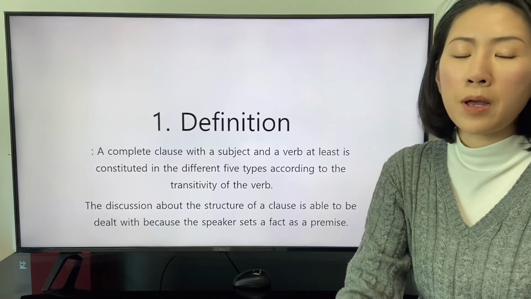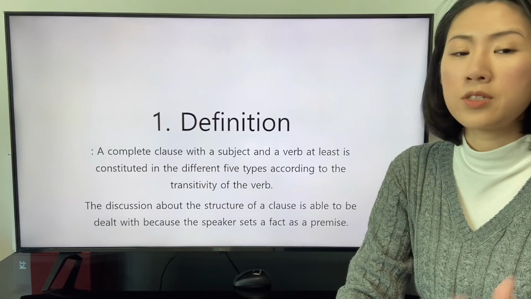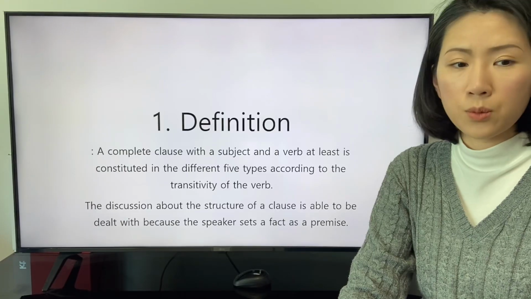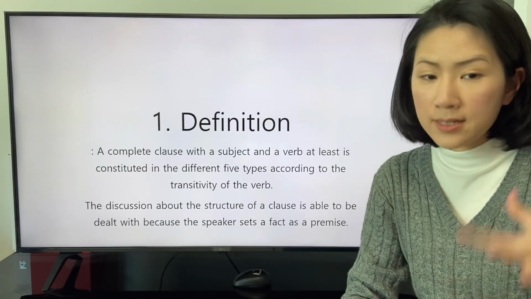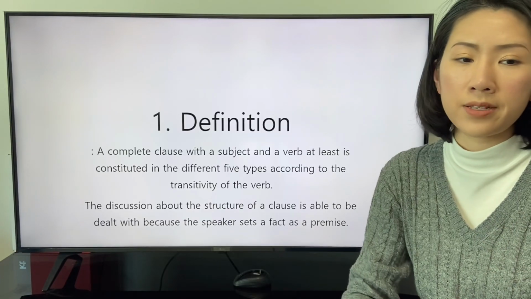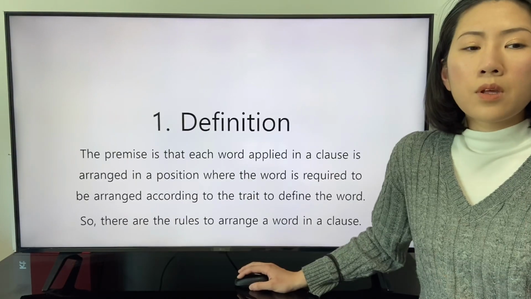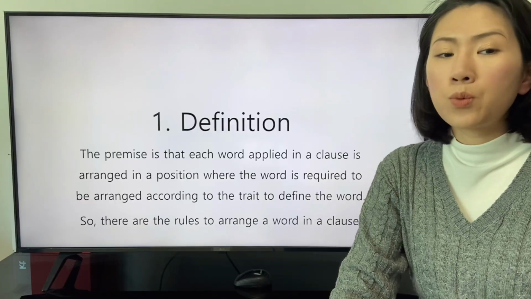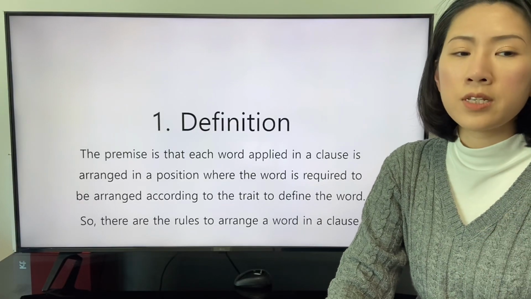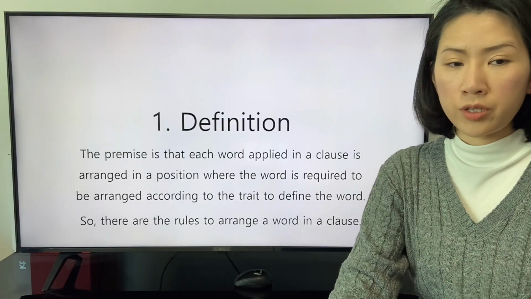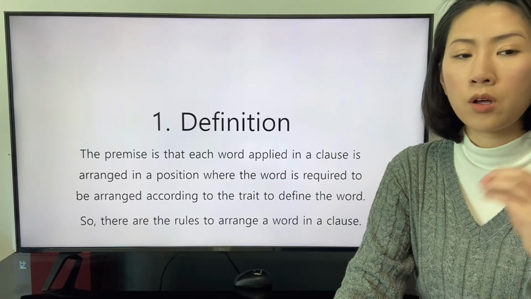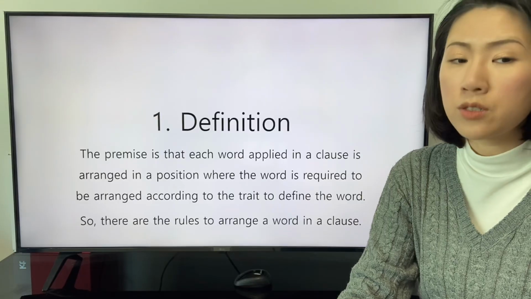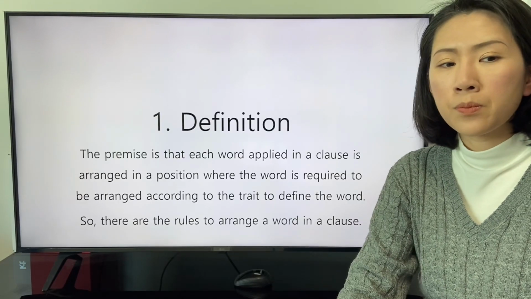The discussion about the structure of a clause is able to be dealt with because the speaker sets a fact as a premise. The premise is that each word applied in a clause is arranged in a position where the word is required to be arranged according to the trait that defines the word.